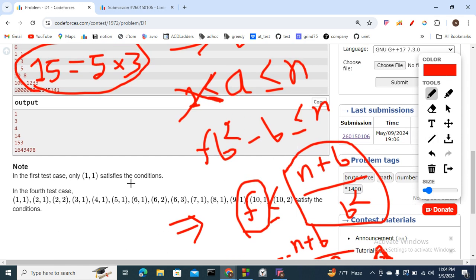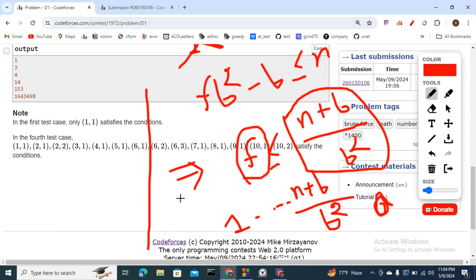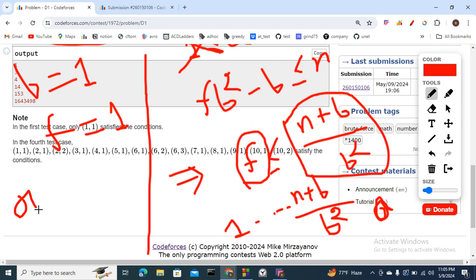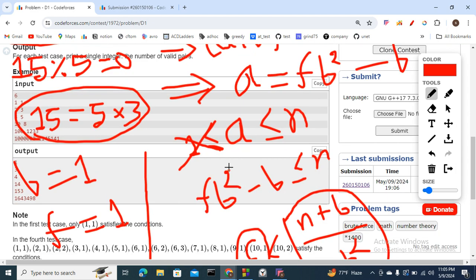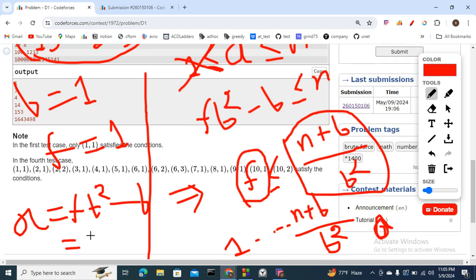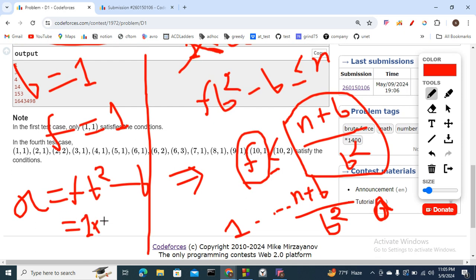But there is one exception. While calculating this, when we consider b equals 1 and f equals 1, a becomes f times b square minus b, which is 1 times 1 minus 1, which is 0.